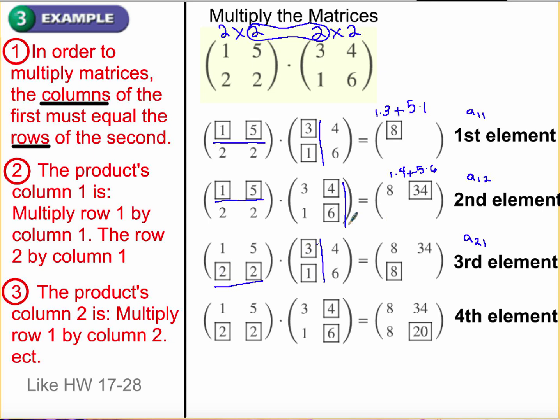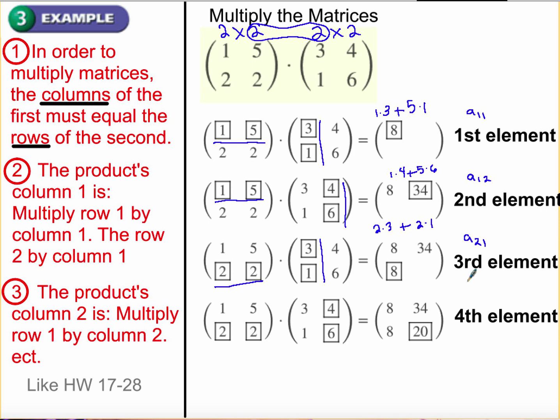My first element is 3. I'm going to multiply 2 times 3. Now let's see. I'm going to multiply my second elements. 2 times 1. So 2 times 3 is 6. 2 times 1 is 2, and 6 plus 2 is 8. We've got our third element.